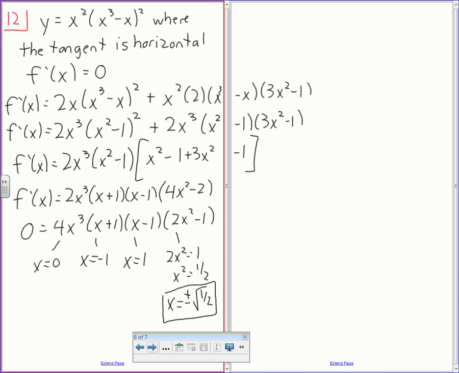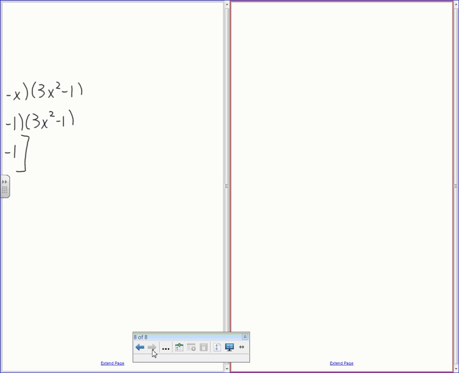We're up to 18. 18 says, determine the equations for the tangents to the curve at the points. Okay, this is 18 we're doing.